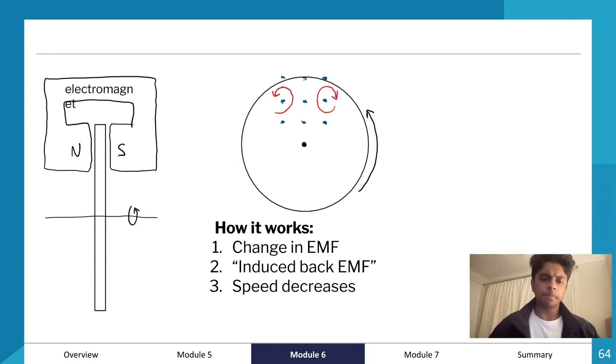If you look at this picture, as you can see, the electromagnet isn't touching the wheel. It's just the wheel by itself. So electromagnetic braking doesn't require any parts in contact. The electromagnet can be stationary, the wheel can be the only thing moving.